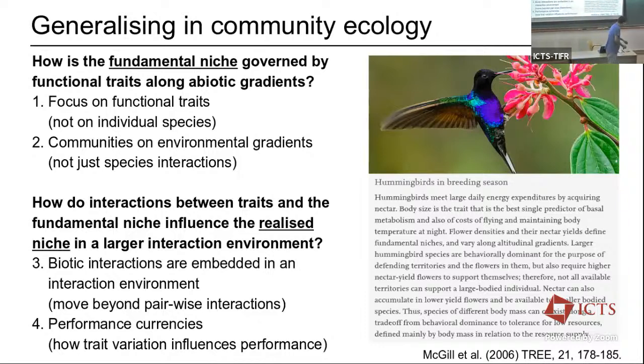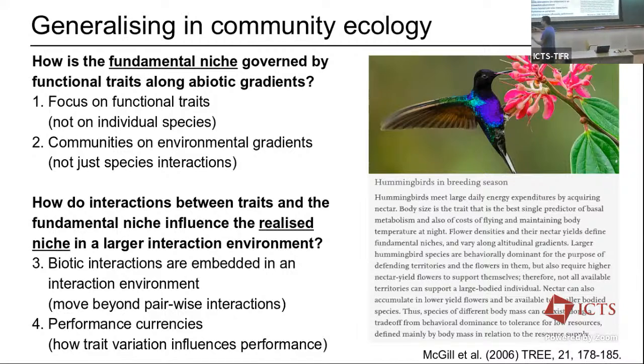So actually, based on fundamental and realized niches, you can generalize in community ecology. So this idea that Lawton said about communities, that there's so much idiosyncrasy, so much difference between communities that you can't really generalize, turns out that you actually can.